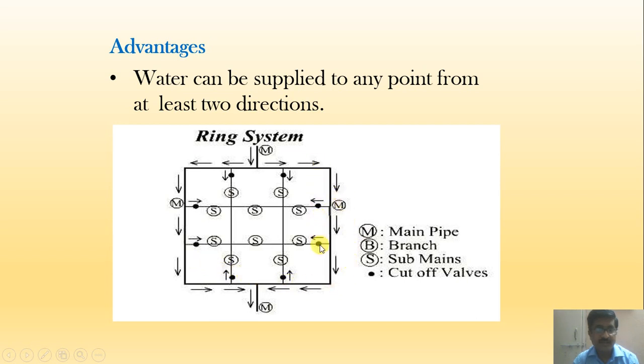The main pipeline totally follows the periphery of that area, and sub-mains are there, and probably again to the sub-mains, branches will be there in between the various sectors. This picture seems small, but for a large city, this may be a single ward. Okay, so remember like that. These are the cut-off valves, or control valves, which are provided here.